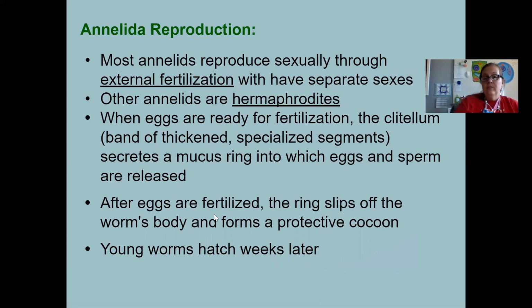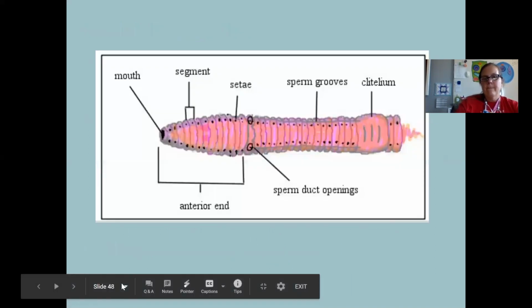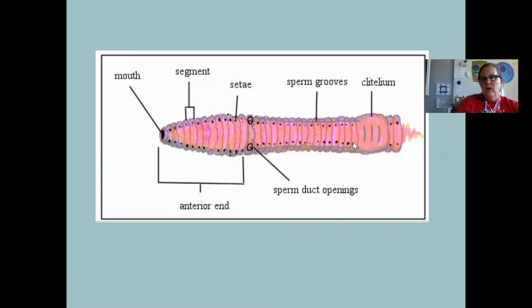The ring then slips off and forms a cocoon, in which the young worms hatch out. Okay, and there are specialized openings as well. We'll be able to see the clitellum, and you'll be able to easily see the setae, but you won't really be able to see a lot of the openings on the worm. That's just too small.